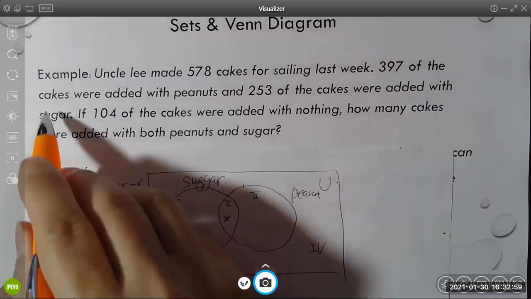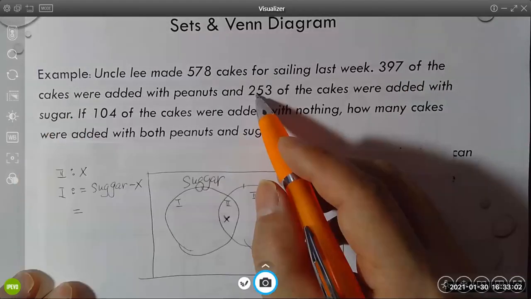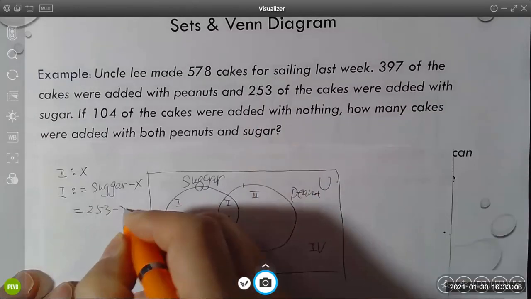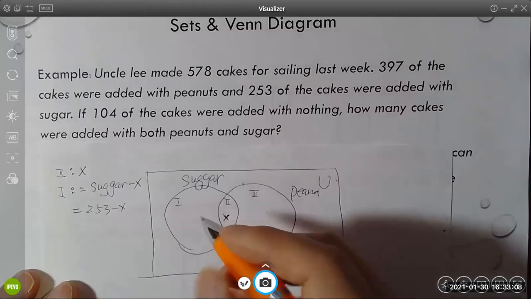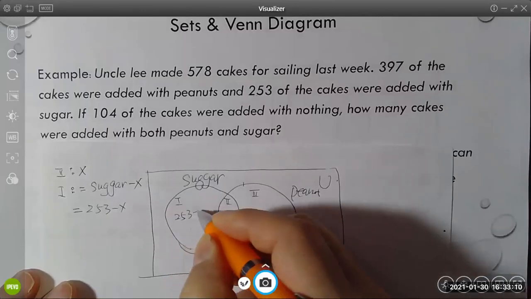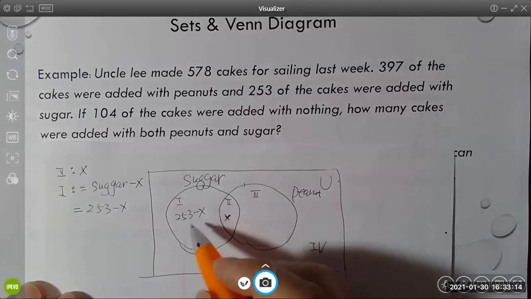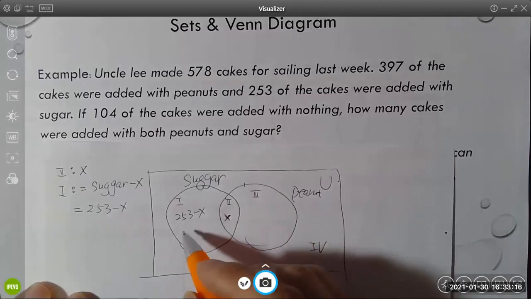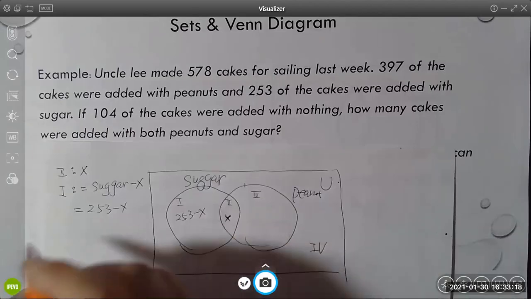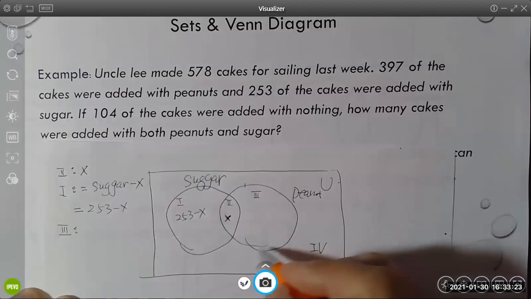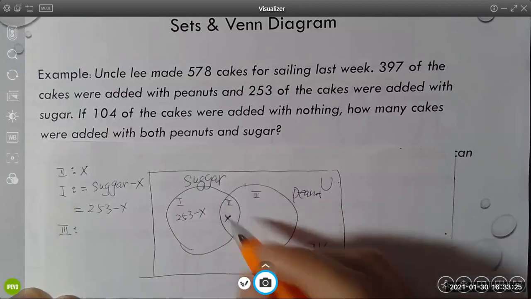Oh, not that one, 253 added with sugar. So 253 minus X. That means there are 253 minus X cakes added only with sugar. Now let's look at region 3. Apparently it equals the peanut circle subtract X.